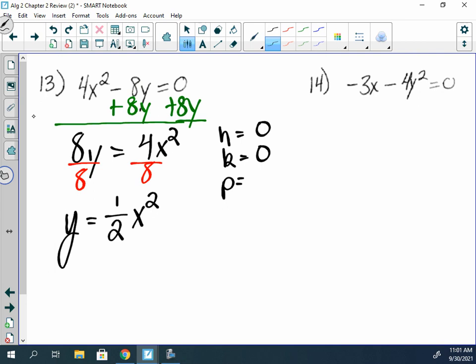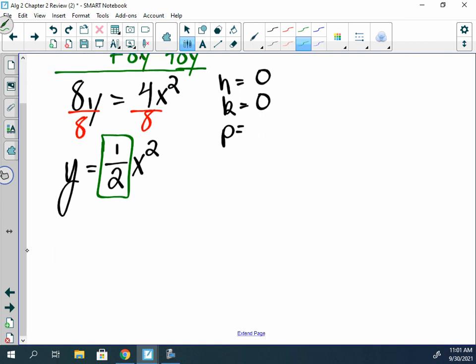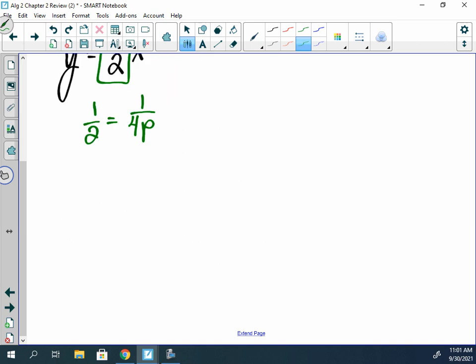Well, what is the value of p? Do we know yet? No. But we do know that the 1/2 is in the same place as what? 1 over 4p. So what we can do to find the value of p is set up 1/2 is equal to 1 over 4p.